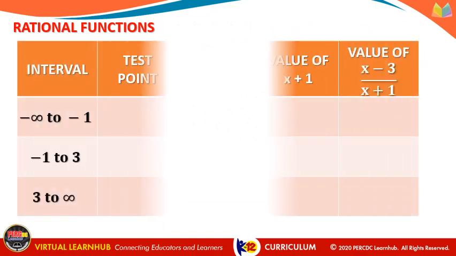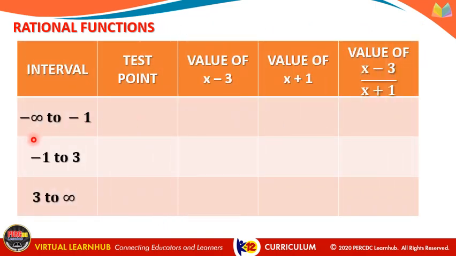So again, we have 3 intervals: negative infinity to negative 1, negative 1 to positive 3, and 3 to positive infinity. Okay? It's up to you. Bahala ka kung anong number ang ilalagay mo.